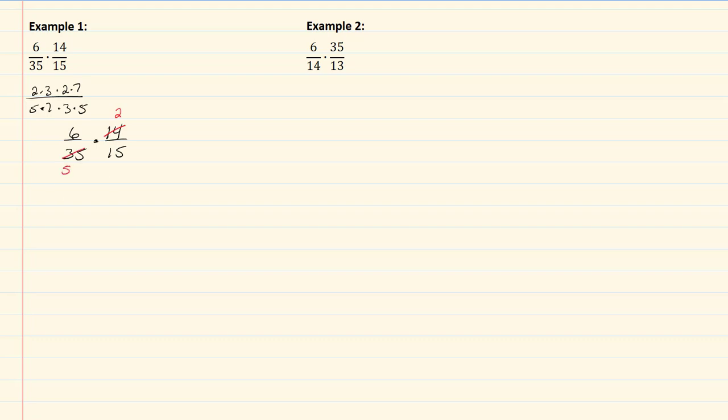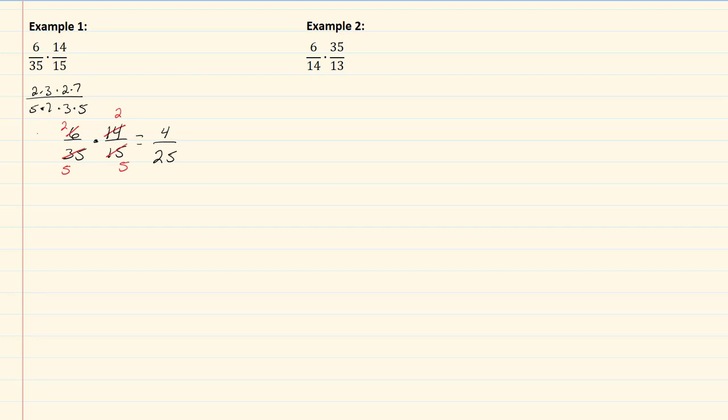And then 6 and 15 have a common factor of 3. So 6 divided by 3 leaves me 2. And 15 divided by 3 would leave me 5. Now I can multiply that out, and I'm going to get 2 times 2, which would be 4, and 5 times 5, which would be 25.